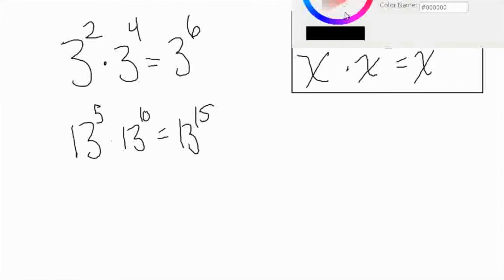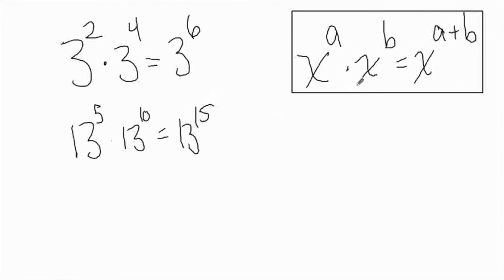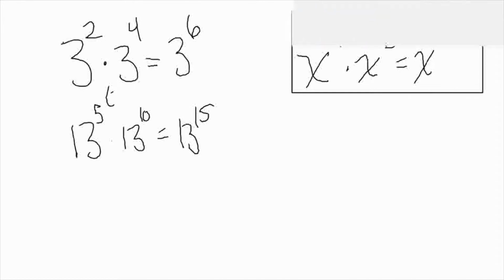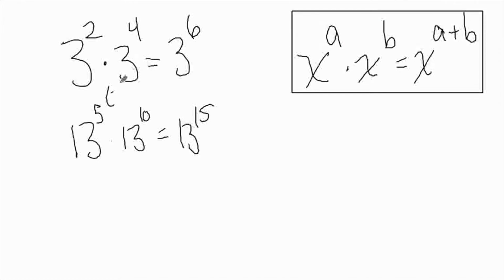Let me write out the 3's and you will see why that has to be true. So ask yourself, the 3 squared, how many 3's does that have? That has 2, right? And how many 3's does the 4 exponent entail? That entails 4. So now you count them all up. How many do you have? Well, you have 2 plus 4. See that?